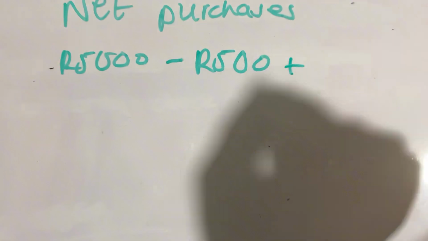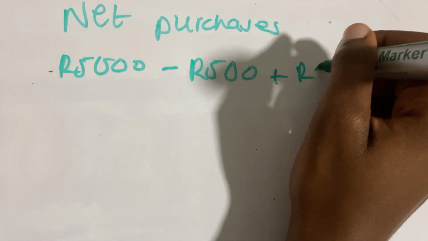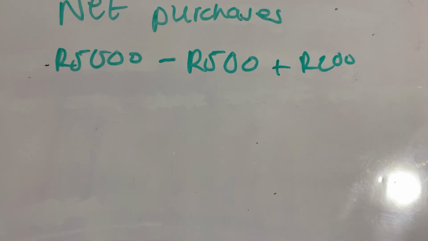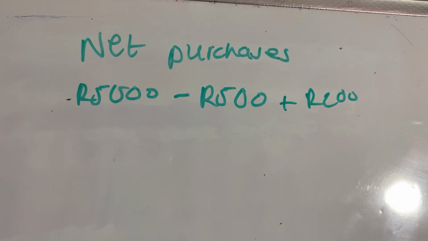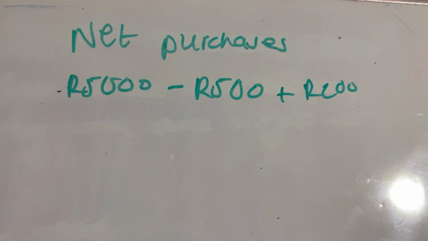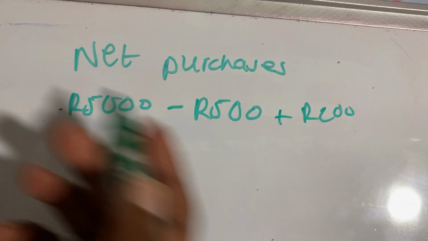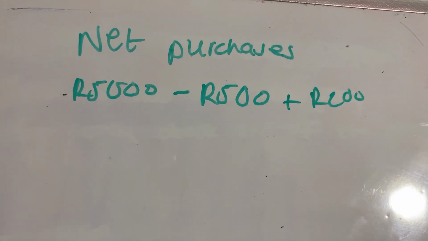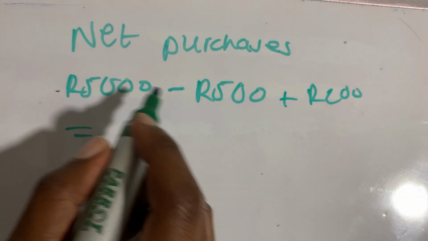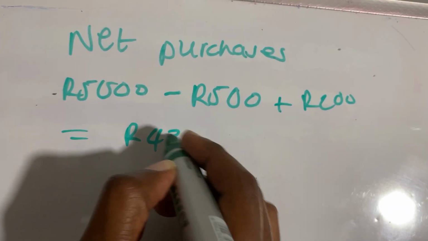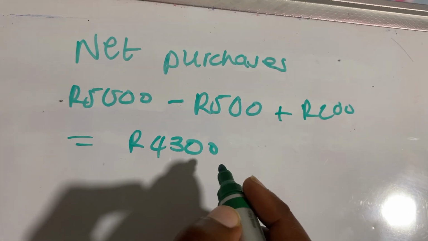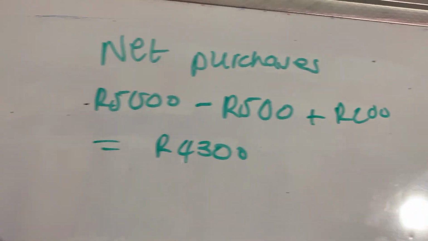And then you add carriage because that is the amount that it cost the company to get those goods to them. So that counts as inventory. Now for net purchases, you're going to have 4,700.